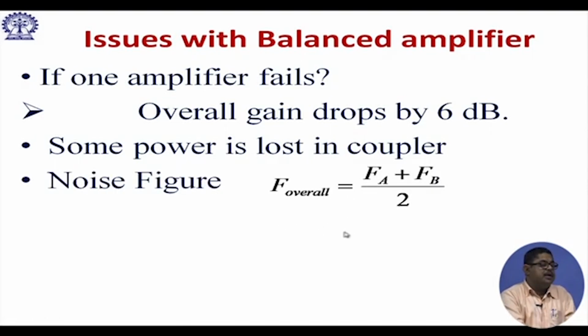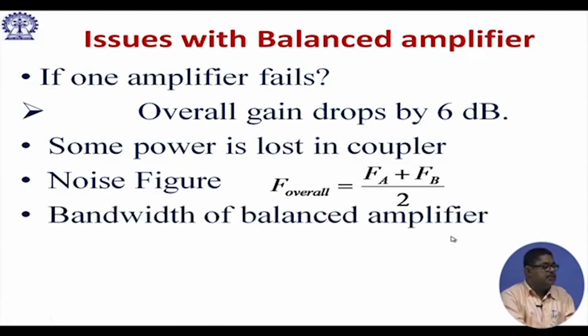Also noise figure of the overall thing will be Fa plus Fb by 2. So, noise figure also will change if the noise performance of 2 transistors are never similar. So, there will be some noise increase also. Now, bandwidth of balanced amplifier, you see that at every frequency this is true, but the couplers have a bandwidth.